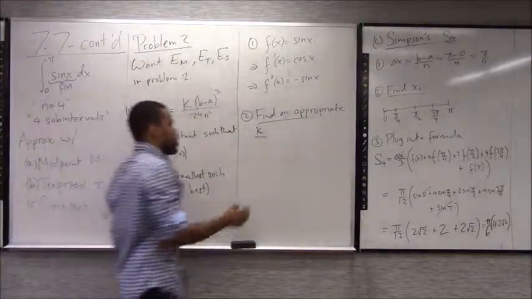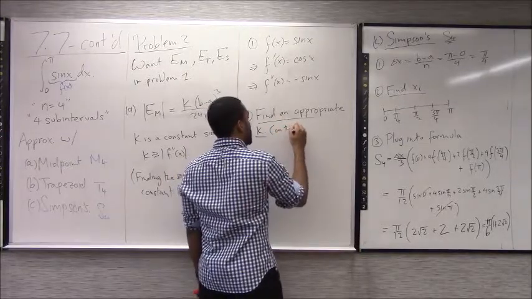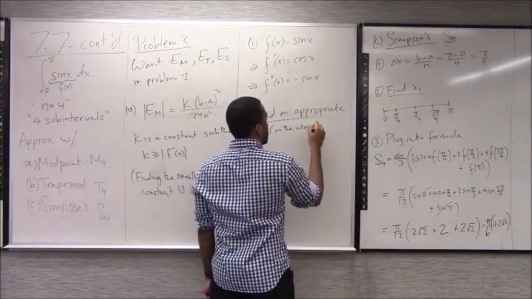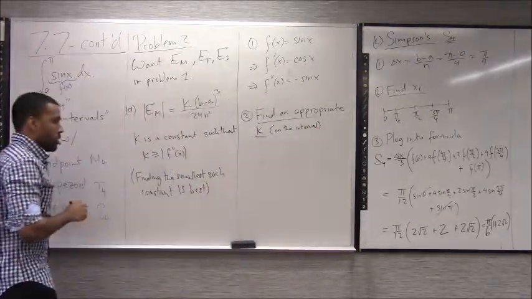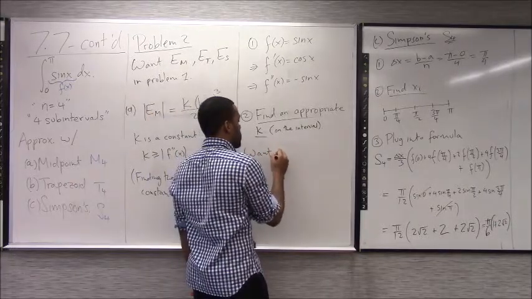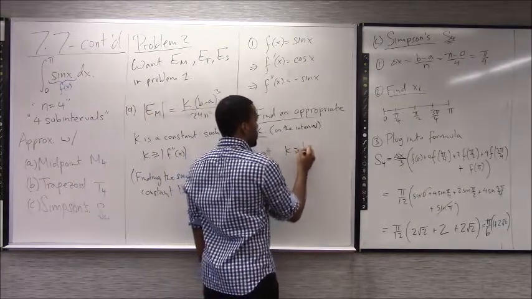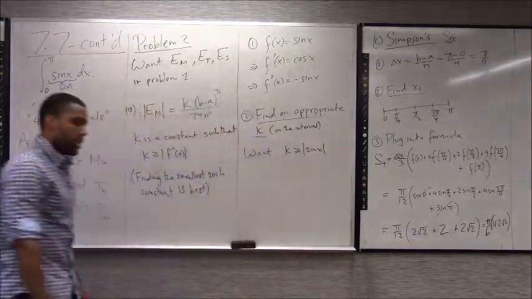Technically it should work on this integral, but for this function it's actually going to be nice on the interval. So here we want, in other words, our k to be greater than or equal to the magnitude of sine x on the interval 0 to pi.